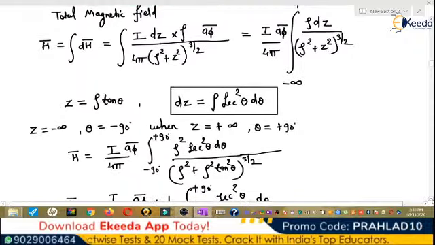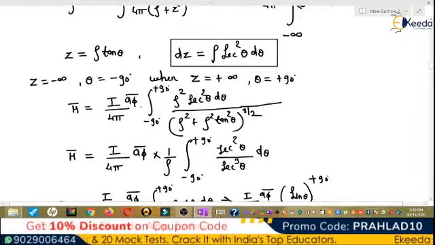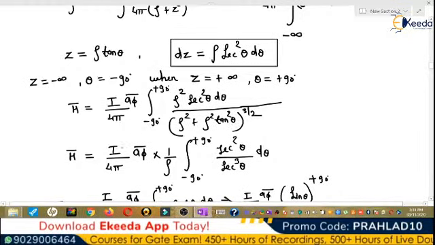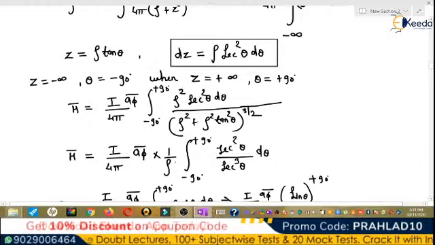Then the total magnetic field H vector is I by 4 pi a_phi, integral from minus 90 to plus 90 of rho square sec square theta upon (rho square plus rho square tan square theta) to the power of 3 by 2. We take rho square common, so rho cube will come because of rho square to the power of 3 by 2. Rho square and rho cube will cancel, so 1 over rho will be present here.